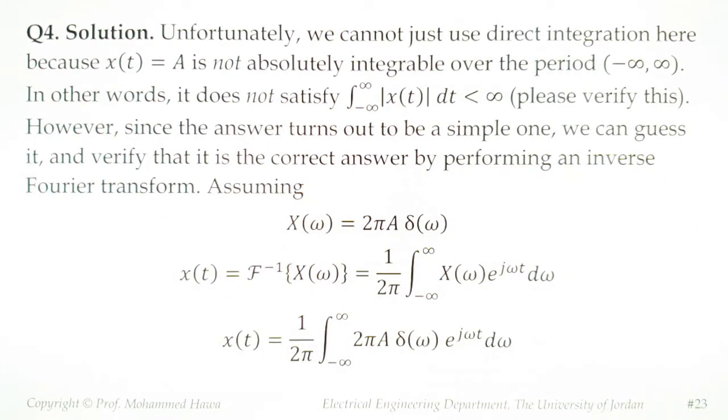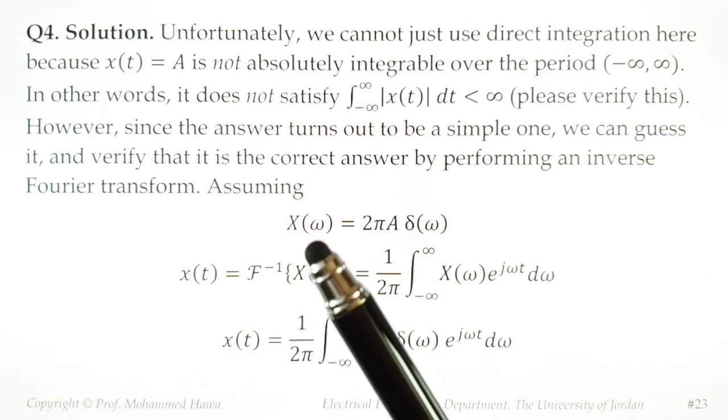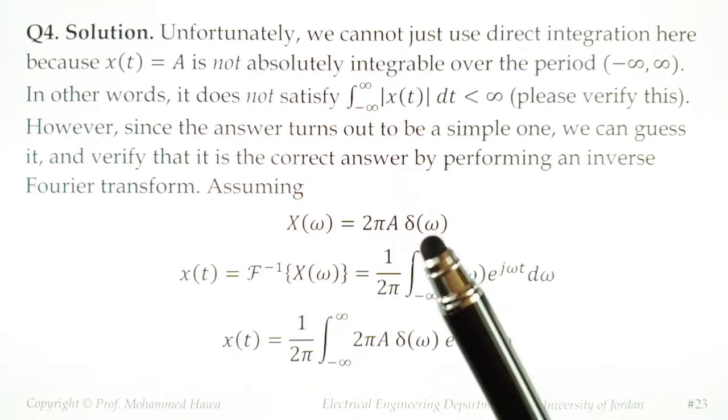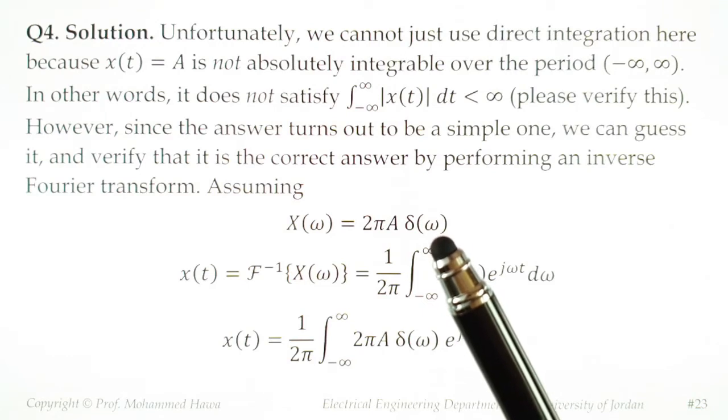And if the inverse Fourier transform gives me the original signal a, then I found the answer correctly. So what should I guess for the answer? Remember from the third example that the Fourier transform of an impulse was constant. So let me just take a guess that X of omega is equal to an impulse, and that impulse is located at 0 frequency.